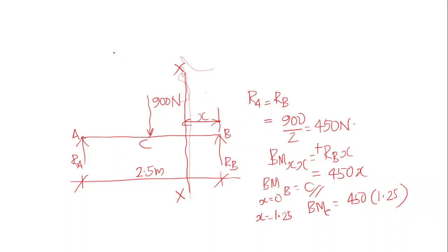And now we consider another axis, passing to the left-hand side of point C, in between A and C, and we can take this entire distance as x.